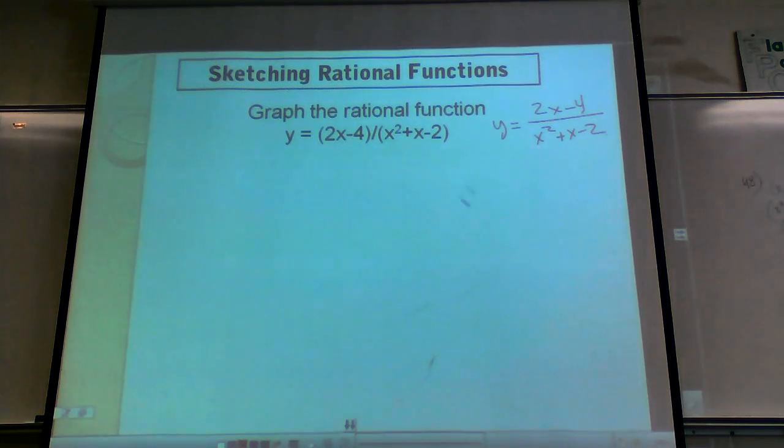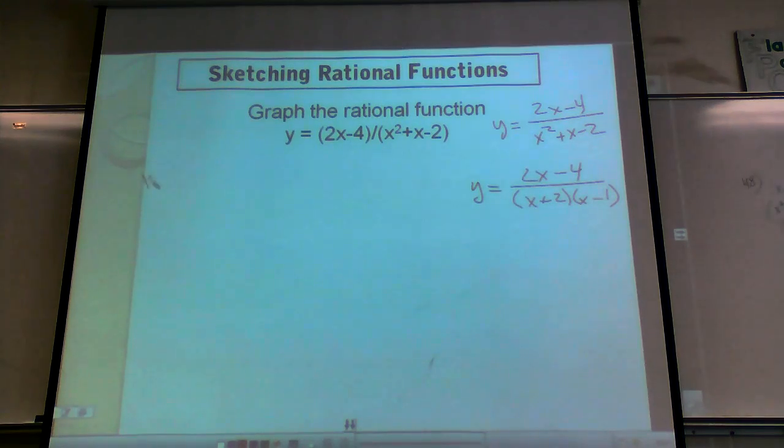So can I factor out the bottom? The whole purpose of factoring the denominator is simply that when I go about finding my asymptote, it's already in a form where I can quickly find it. What's that factor out to? x plus 2, x minus 1. So it's factored.